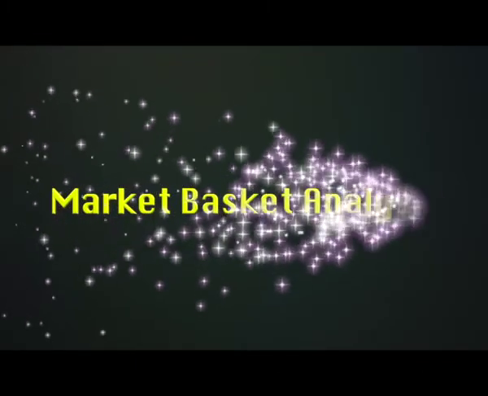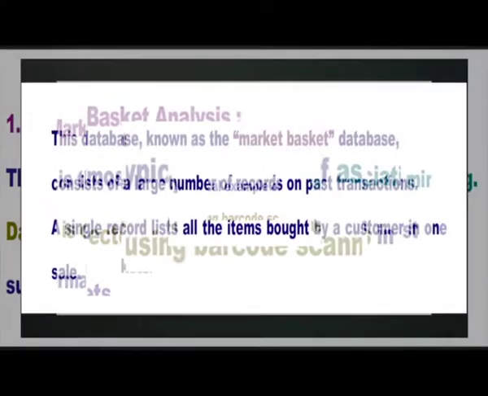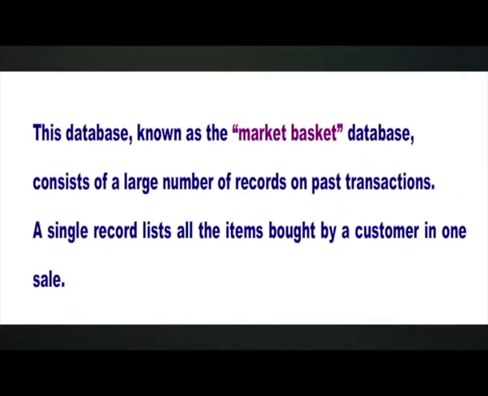The main applications of association rule mining are as follows. First, market basket analysis. This is the most typical example of association mining. Data is collected using barcode scanners in most supermarkets. This database is known as the market basket database, which consists of a large number of records on past transactions.